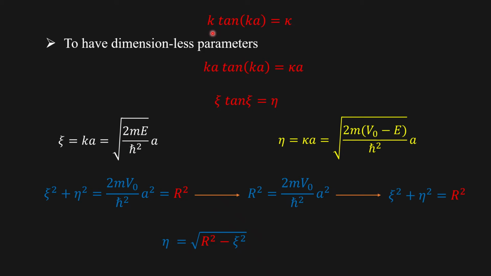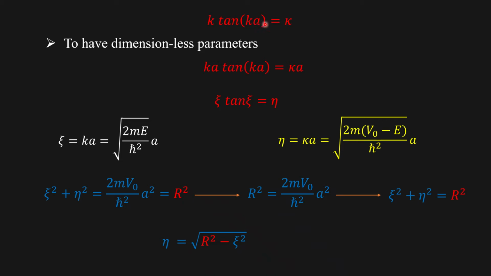So we have seen in the positive x direction k tan ka is equal to kappa. Now, in order to make a dimensionless parameter, you multiply both sides by a, because the dimension of k is 1 over length, and a is length, so this will become dimensionless.